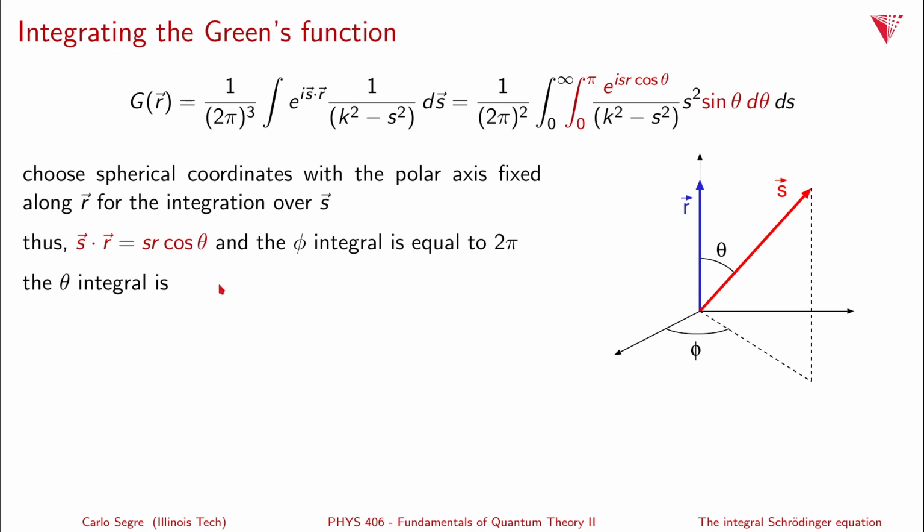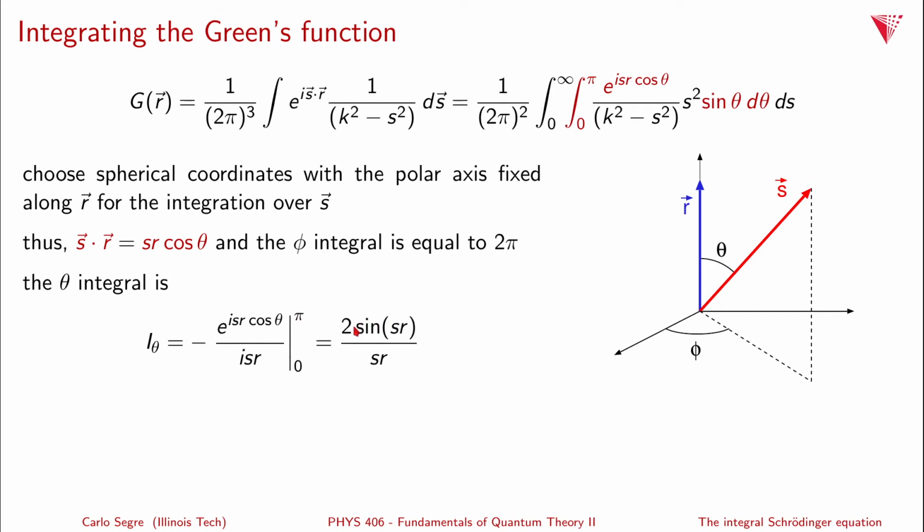Well, the theta integral can be done, right? We ignore the k squared and s squared and the ds, and we just take the integral in red here. And that integral is really straightforward because it's the perfect integrand of e to the I s r cosine theta over I s r, and now we evaluate from 0 to pi with a minus sign in front.